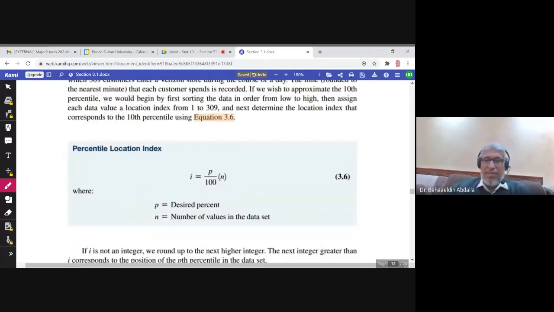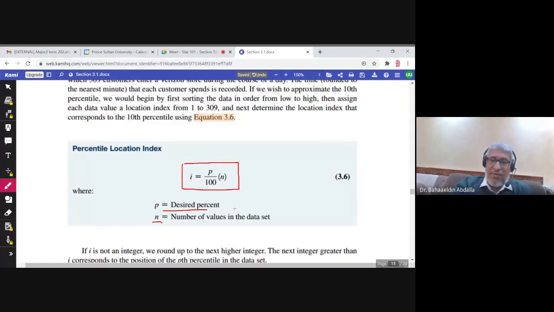This is the percentile location index: it is P over 100 times n, where P is the desired percent. So for the 10th percentile, P would be 10. For the 50th percentile, P would be 50. And n is the number of all the values in the data.